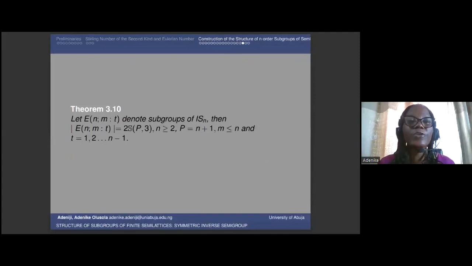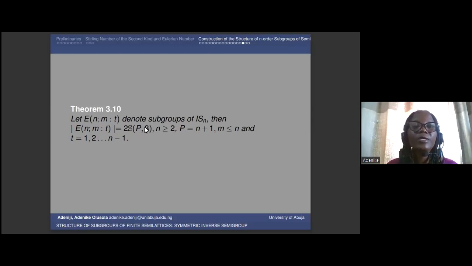Now, the theorem that talks about the subgroups of ISN. So if we let the set of idempotents be denoted E of this, which happens to be the subgroups of the symmetric inverse semigroup, then the cardinality is the Stirling numbers of n, k is 3. In this case, we use p, and so we have p, 3.